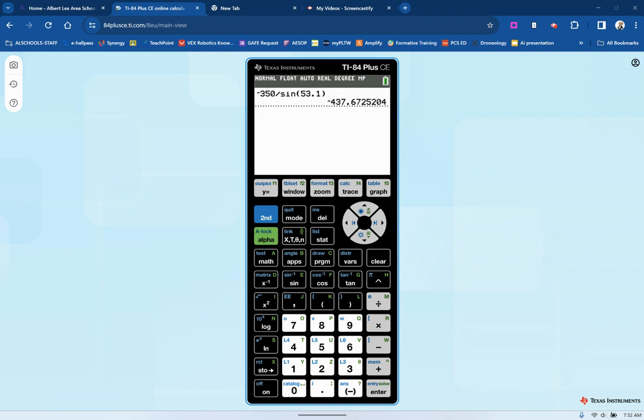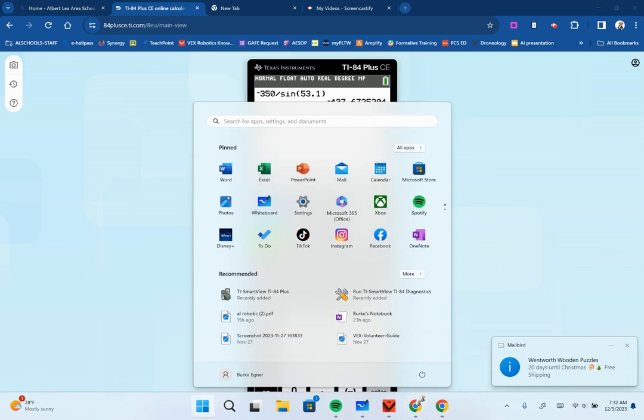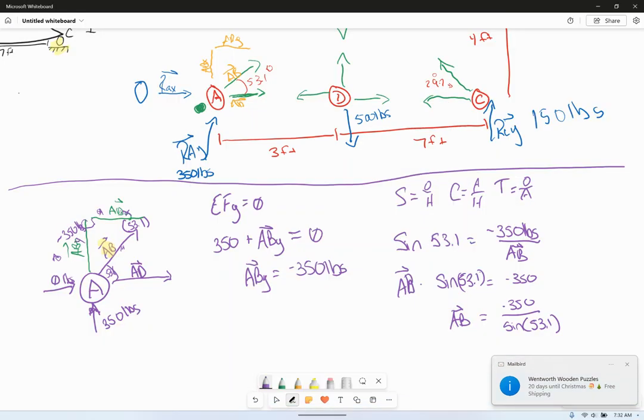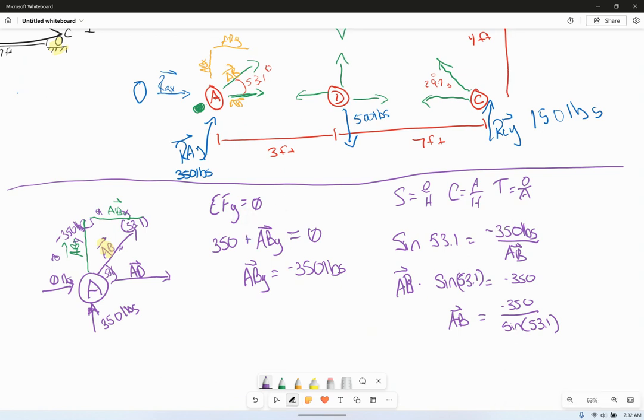So we're going to round to 437.7. And that makes sense because it is a negative number. So my AB, my hypotenuse, is negative 437.7 pounds. That makes sense because once you have a negative, you always have a negative. So that is 437.7 pounds for AB.